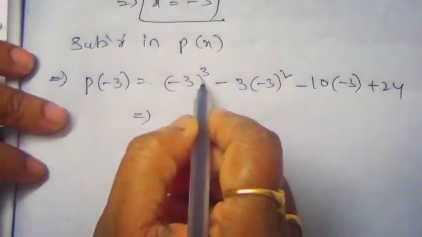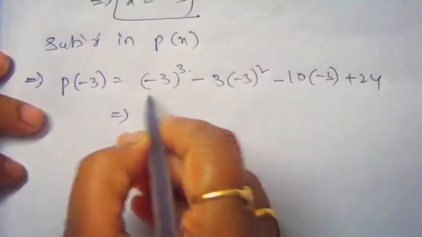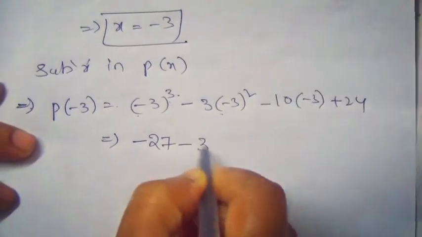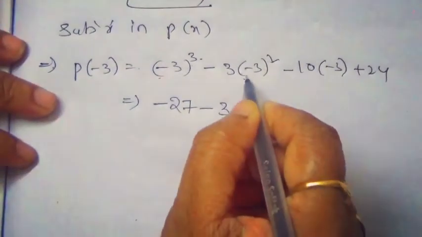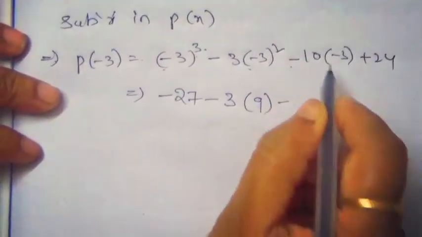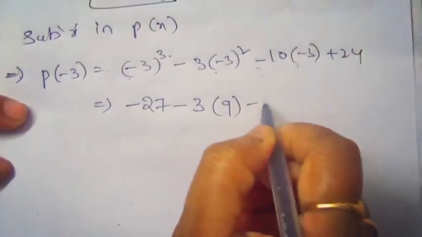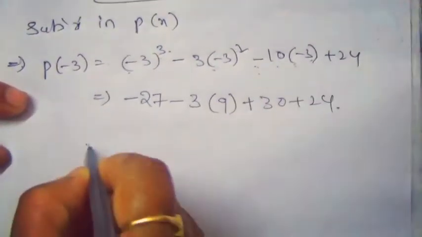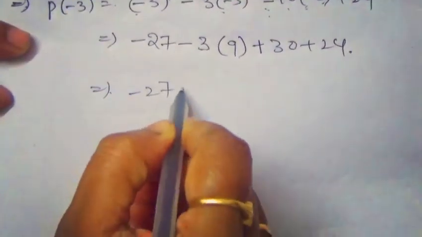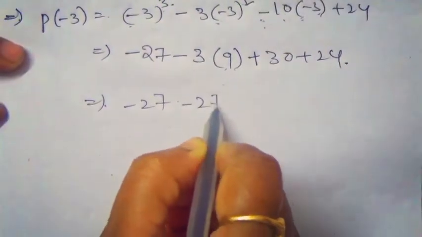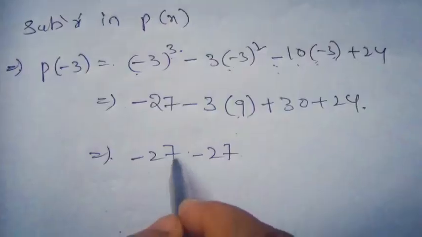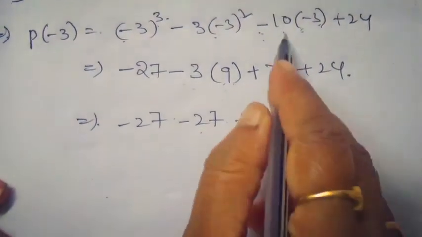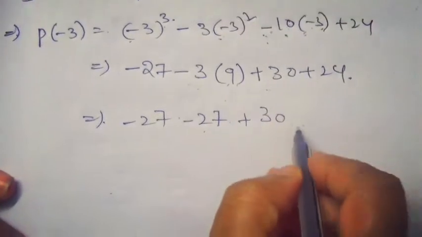That implies here an odd power is there, minus 27, minus 3 of 9, minus 27. Here it is minus of minus, plus 30, plus 24.